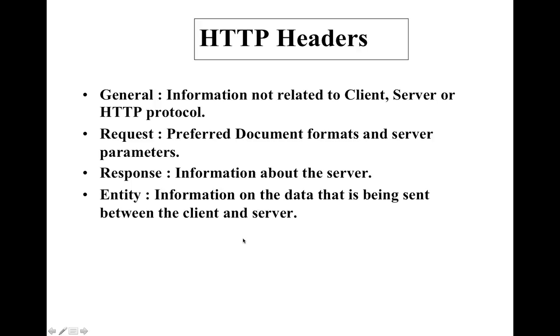Then entity information on the data that is being sent. So what does the HTTP header have? General information about the communication, whether it is successful or failure, the request parameters that you posted, the response given by the server, and the entity, any information on the data being sent between client and server, whether it's a byte array, HTML data, or PDF data. If you want to know all that, you look at the entity.